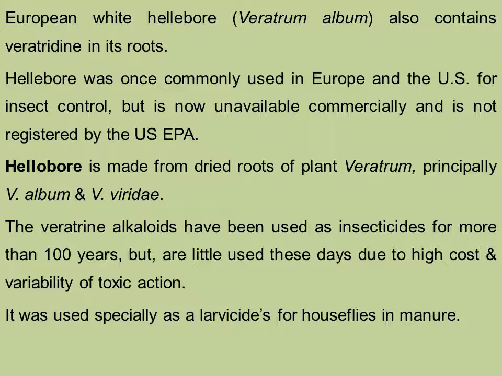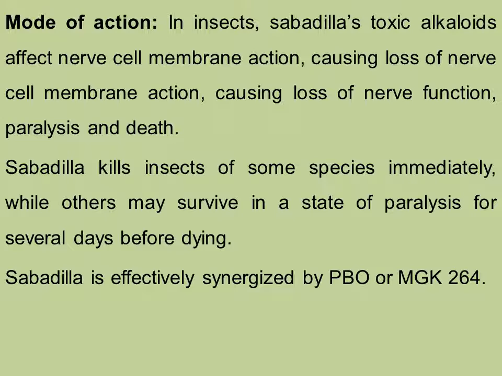Hellebore is made from dried roots of plant Veratrum, principally V. album and V. viride. The V stands for Veratrum, the genus of the plant. The veratrine alkaloids have been used as insecticides for more than 100 years, but are little used these days due to high cost and variability of toxic action. It was used specially as a larvicide for houseflies in manure for insect control.